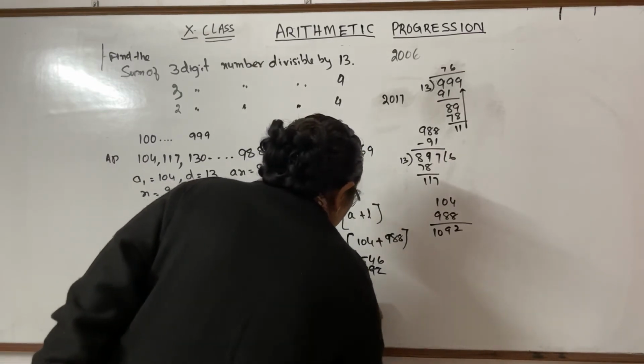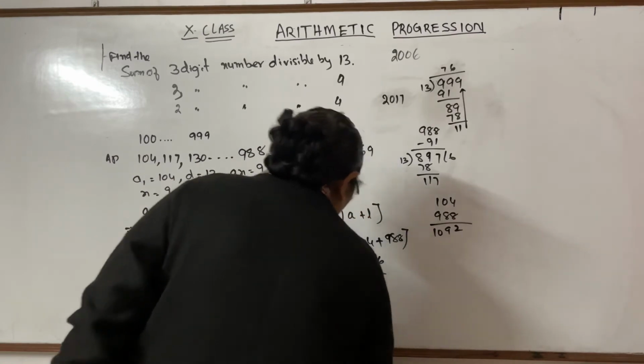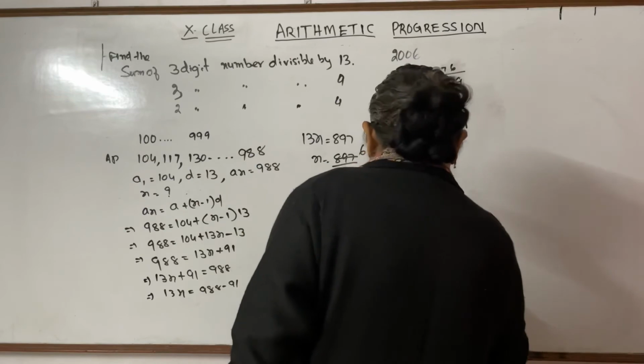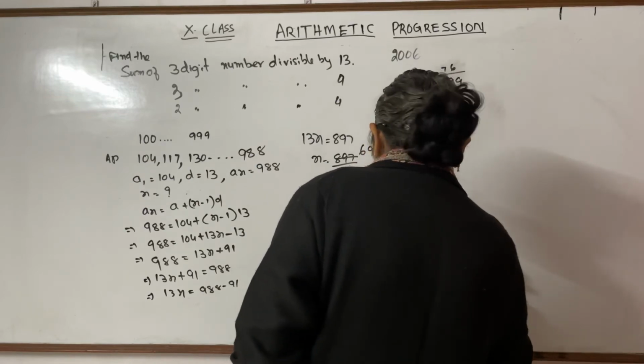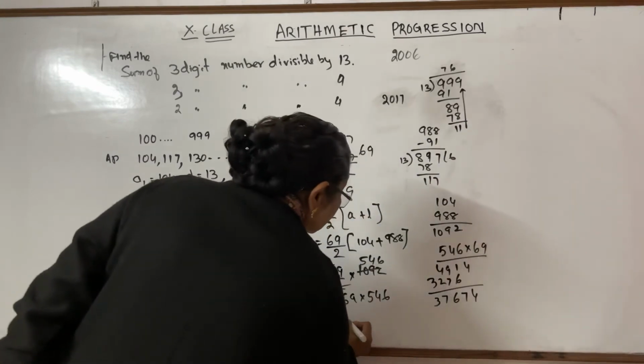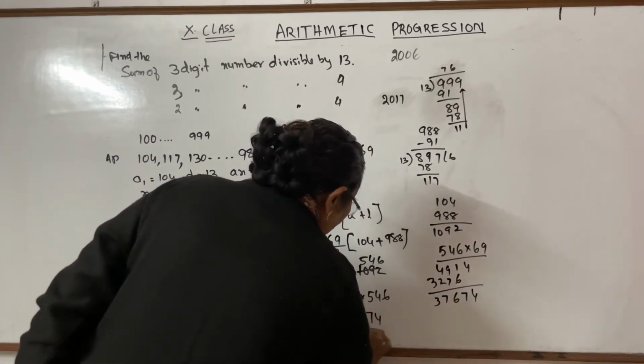That is 69 into 546. Now we have to multiply this. 546 into 69, this is the answer: 37674.